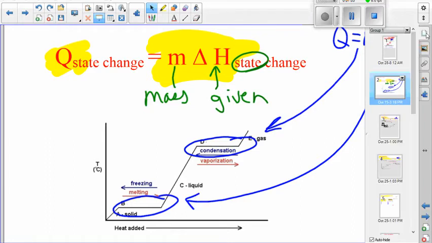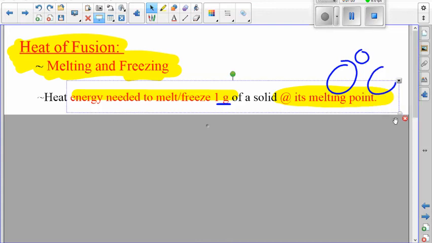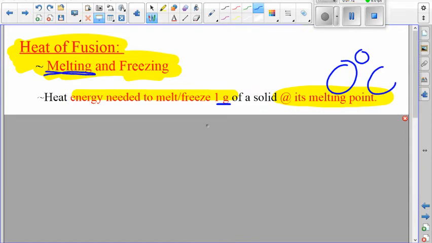Okay. So, the heat of fusion applies to melting and freezing only. By definition, the heat of fusion is the energy that you need to melt or freeze exactly 1 gram of a solid at its melting point.